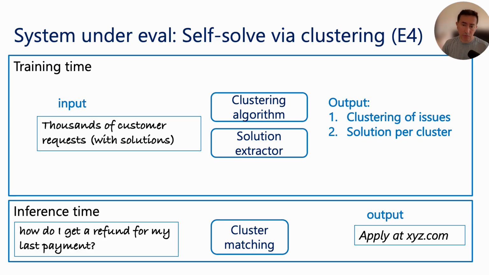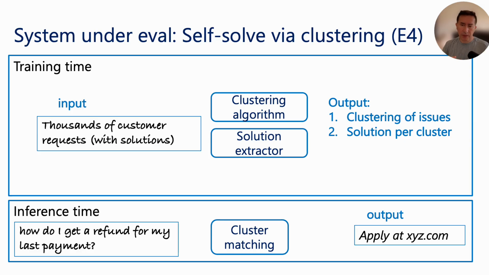And then at runtime, we have the cluster matching. So the question there is, are we able to correctly match tickets to clusters, or maybe even correctly say that there is no matching cluster for a ticket? So lots of moving parts. When we are doing eval, we need to be clear about what it is that we are doing the eval of.